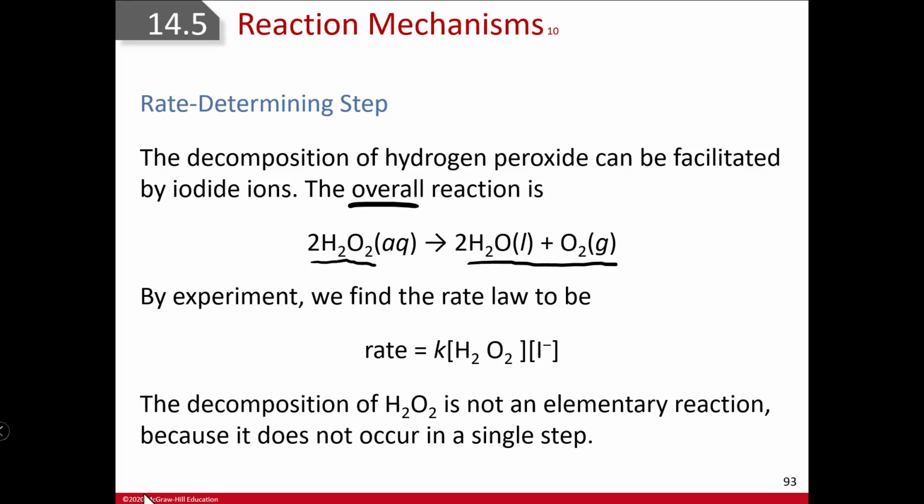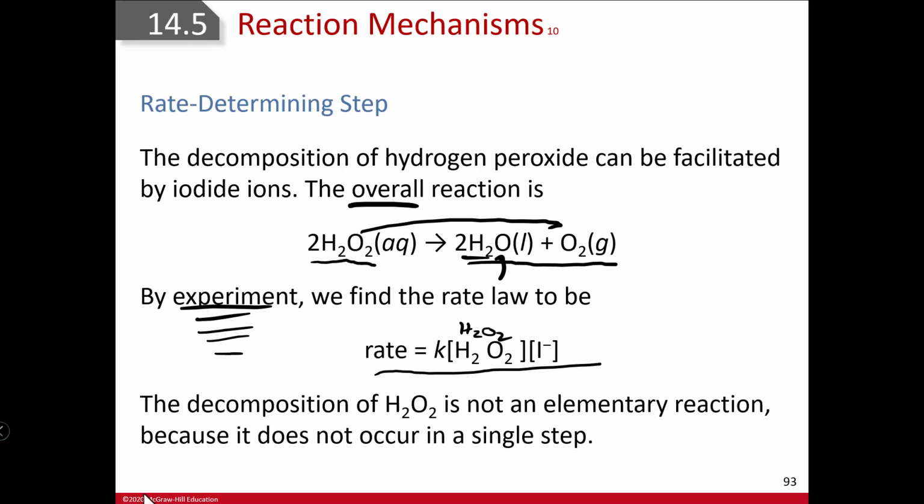I mean, if you say these two oxygens just left like this, left like that, there's still got to be oxygen for this oxygen to be bound to the hydrogen. That is not an elementary step. You can tell it's not. It's too complex. All right, so then we find out experimentally, can't stress that enough, that the rate law for this reaction looks like so. And I don't know why there's a gap in here. This is all one compound. This is hydrogen peroxide, so a little typo there.